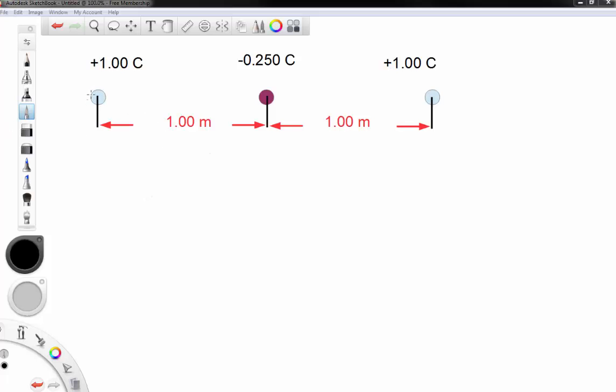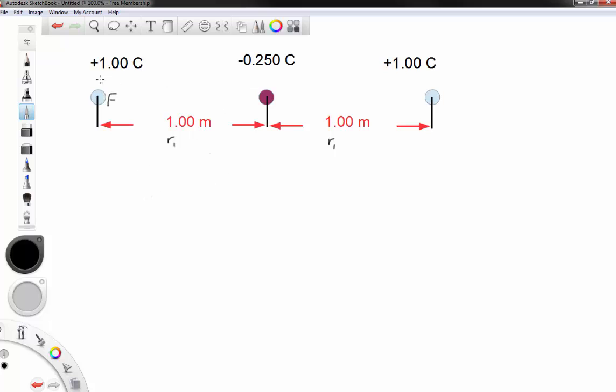Okay, so basically we want to know what is the force on this particle. We'll find the force from this one, then we'll find the force from this one, we'll add them together. We'll take this distance to be R1. This distance is also equal to R1, so the total distance would be 2R1.